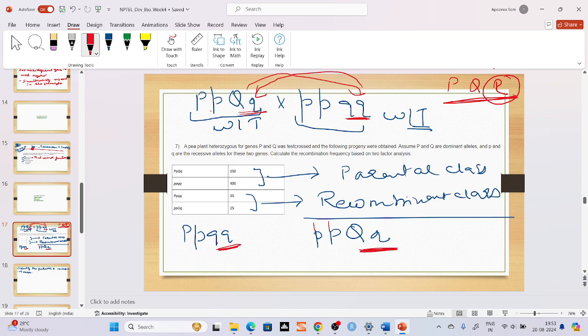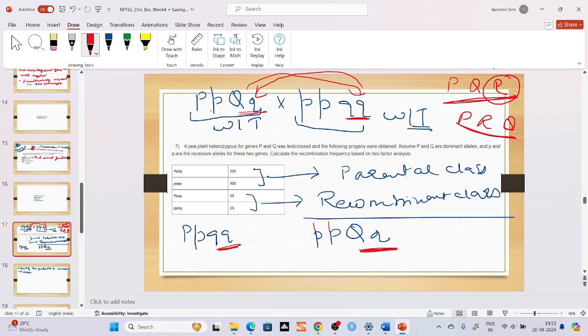So what does this imply? This implies that R is present in the middle. The order is PRQ. So for 3 point test cross, always remember that the gene that shows recombination is the gene that is present at the center.